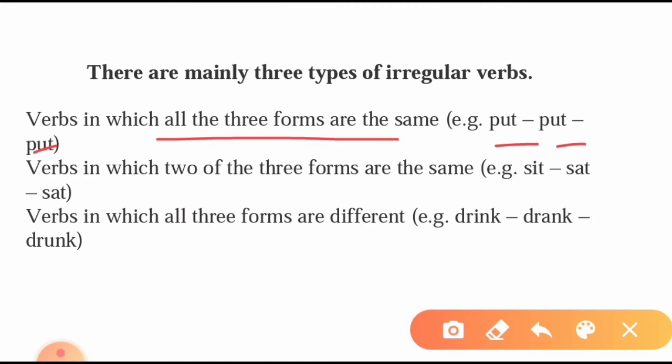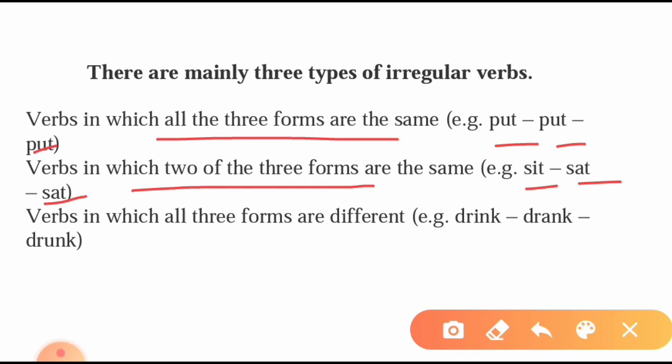Those words that are the same in first, second and third form are irregular verbs. Another type is verbs in which two of the three forms are the same. See the example: sit, sat, sat. Here the second and third form are both the same, so we can say it is an irregular verb.